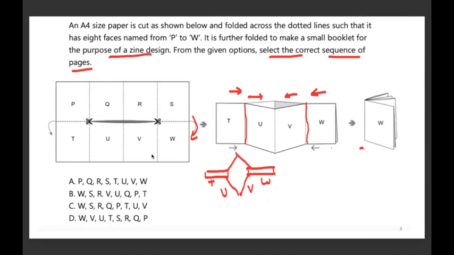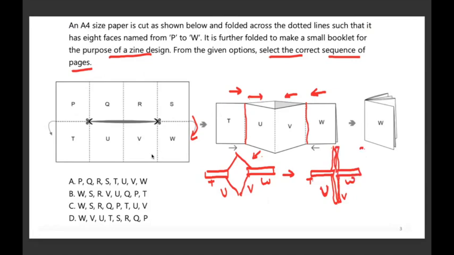When they are pushed together from this, it will be forming this, and then further, when they are pushed together here, this is W, this is V, this is U, and this is T. And then, of course, there will be some 2 papers, of course, numbered also happening on the other side.